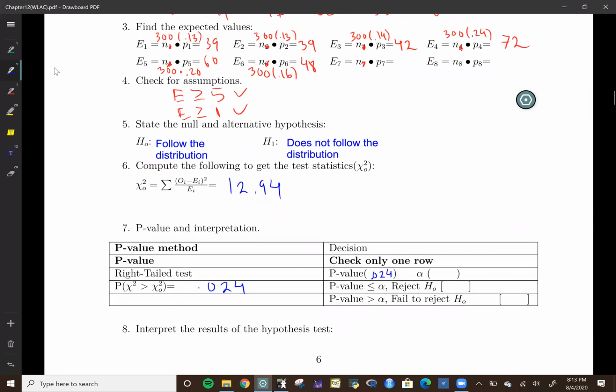So you put 5% there. You get p-value equal to 0.024 and alpha equal to 0.05. Any question in regard to how you get p-value or alpha? Sweet. All right, so this should be something familiar. Which one's bigger, p-value or alpha?